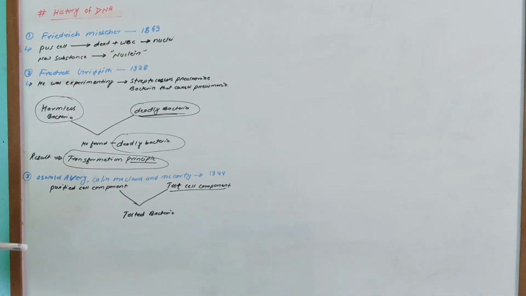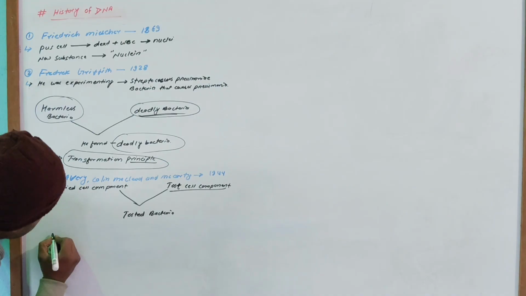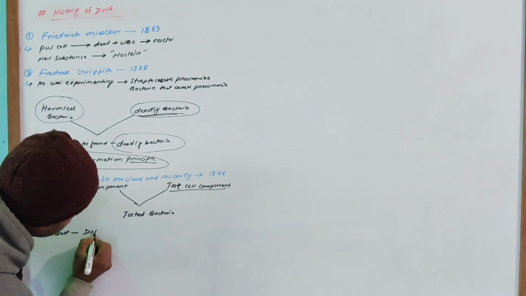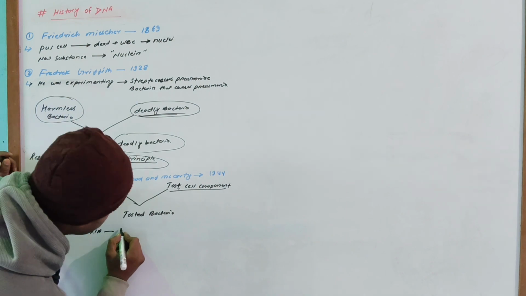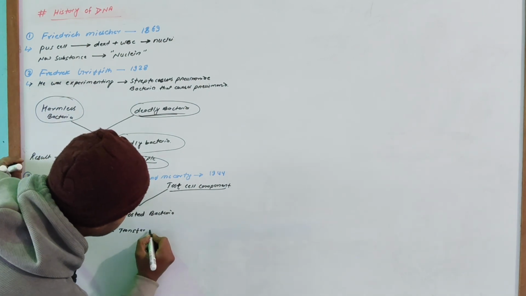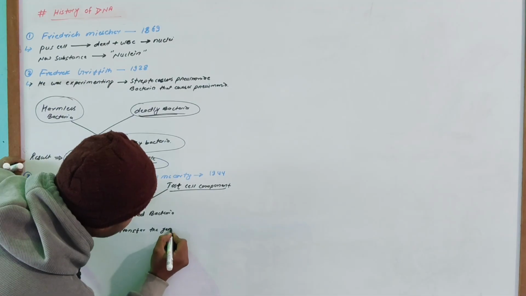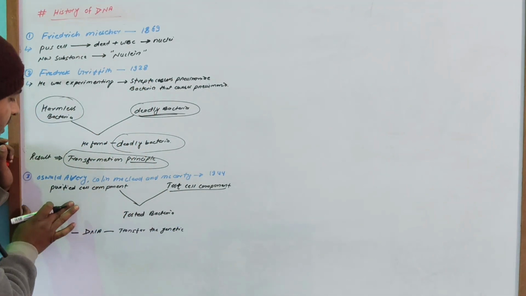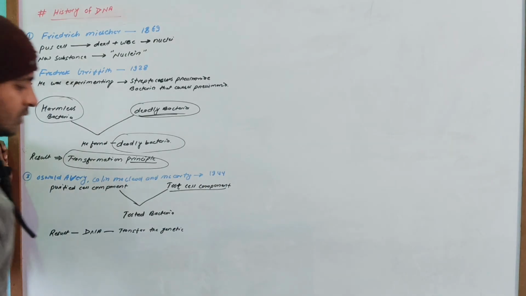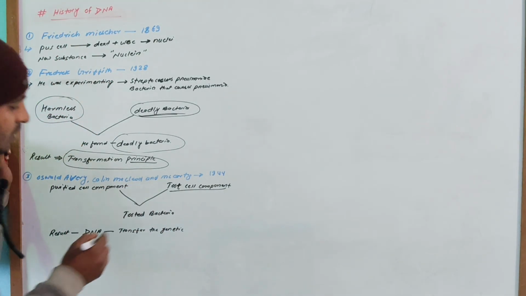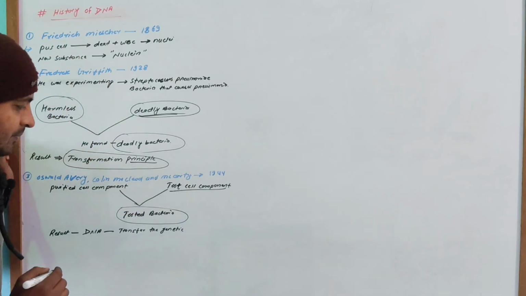So he named that DNA has the ability to transfer the genetic information from a transformed cell component to a purified cell component. So all the bacteria components were transformed components.